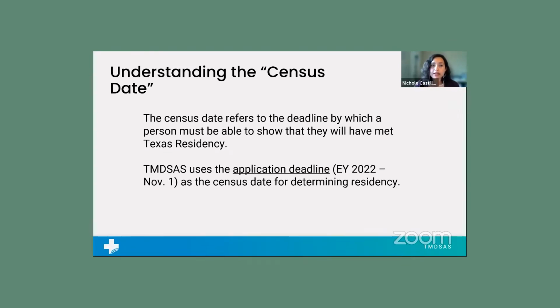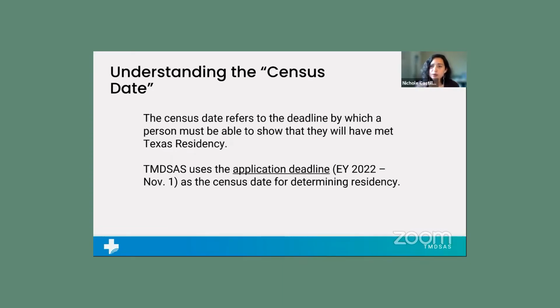What we will do is we'll look to see what you're able to provide, again, just using that example of gainful employment. If you were employed since November 1st of 2020 and you're able to show consistent employment records, for example, your pay stubs that show consistent employment of 20 hours a week or more until you submit this July or in August, and based on your activities we'll see that you will continue in that employment, then that should be enough to help make that residency determination.